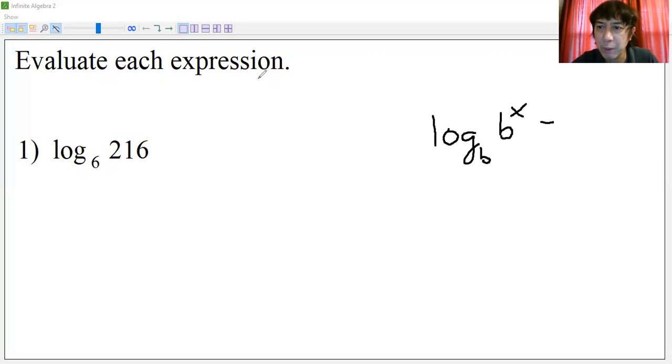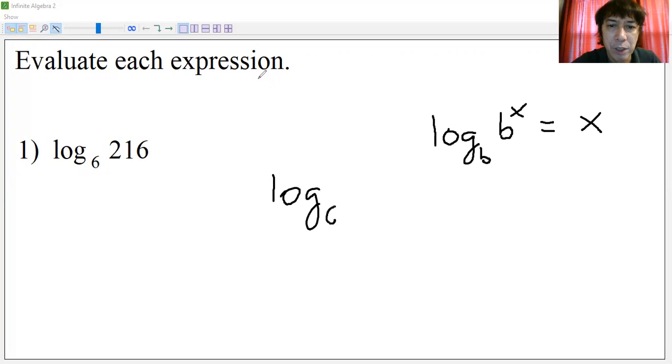This property will enable us to get the answer there. If you look at this particular problem, you can transform the 216 as a power of 6. So here you can actually have a solution that goes like this.